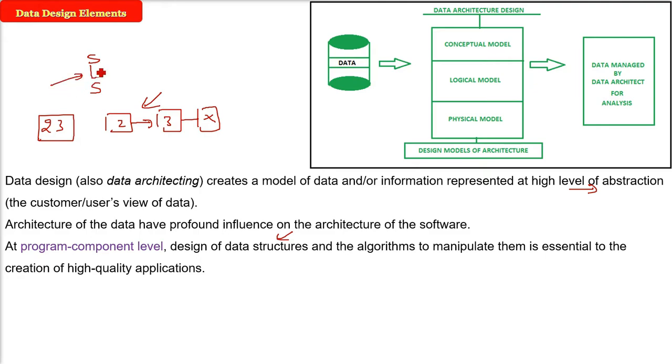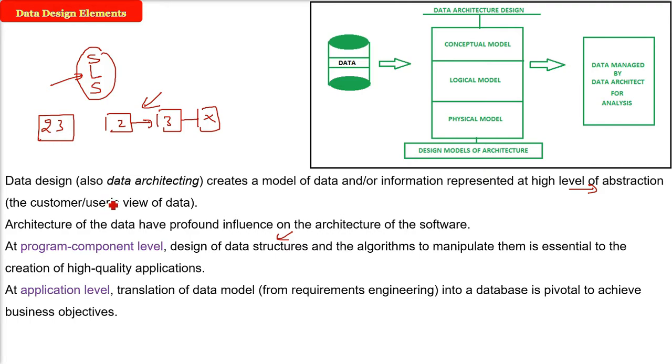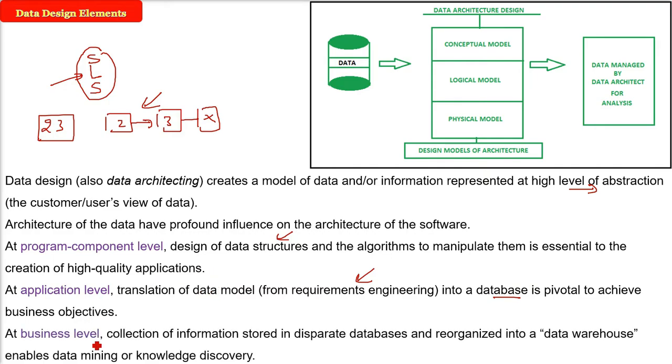When you are able to do that, that can create a high quality application. This is the program component level. On the application level, because you have already got the data model from requirement engineering, you are translating this data model into a database. This is very important because the database is the most integral part of any kind of application or the business objective to be achieved.